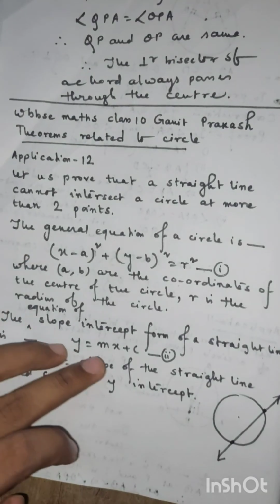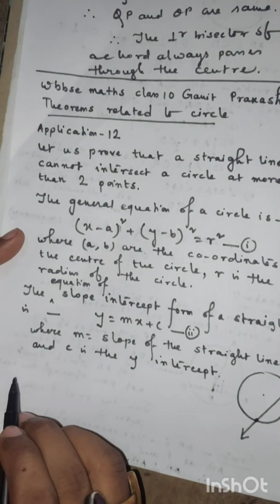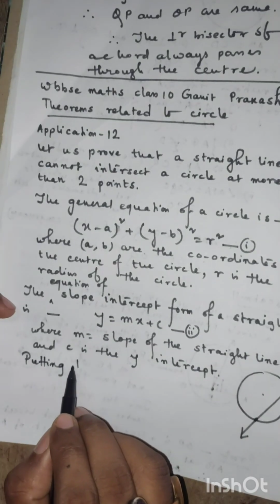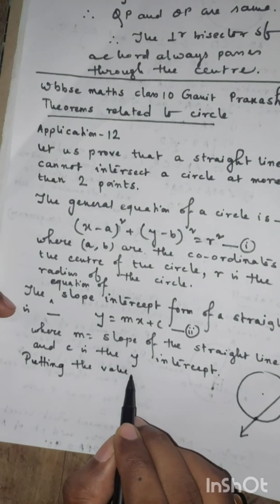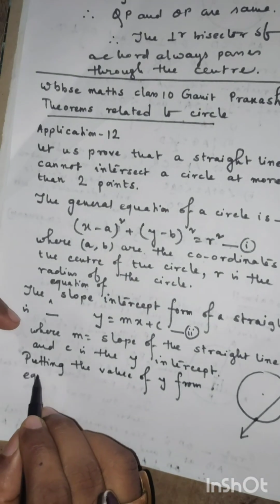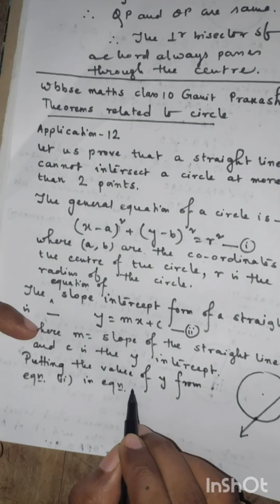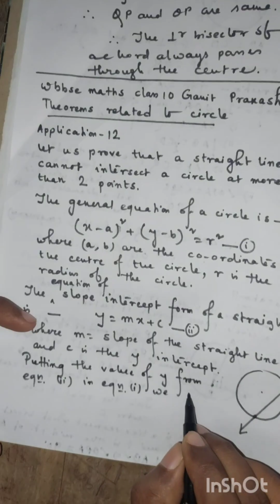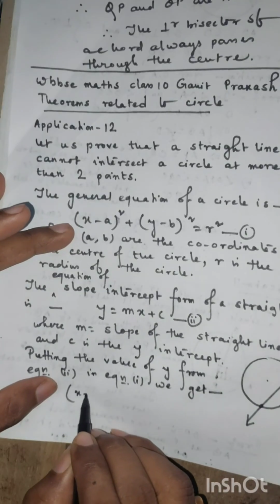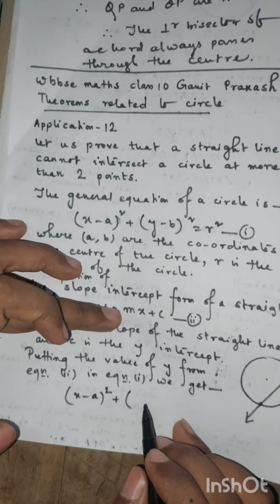Putting the value of y from equation 2 in equation 1, we get, we are writing mx plus c in place of y.